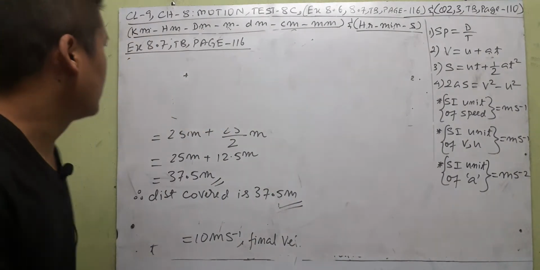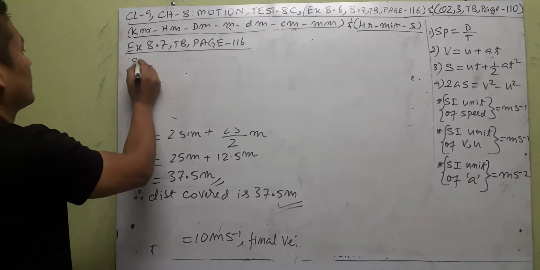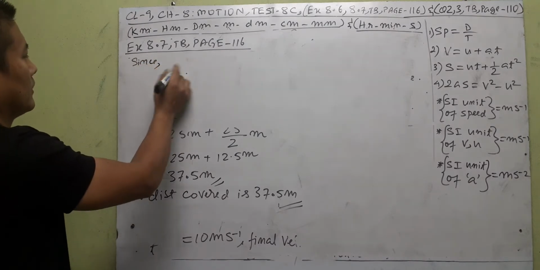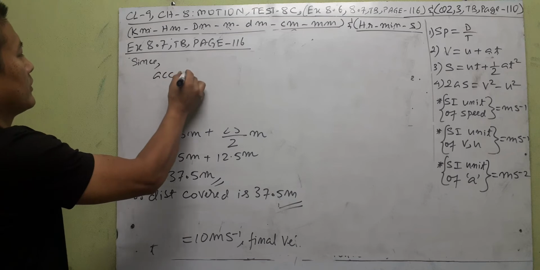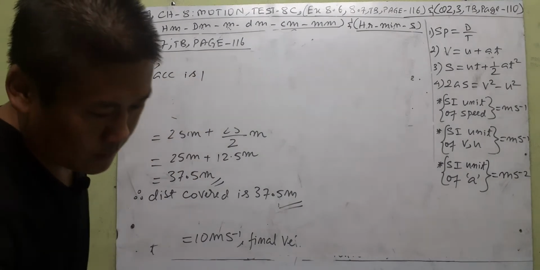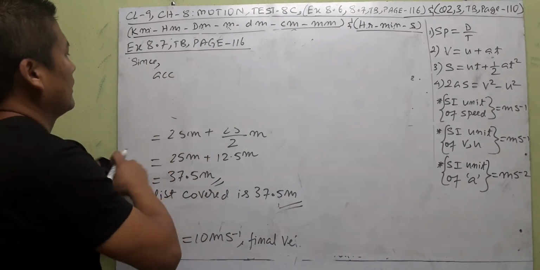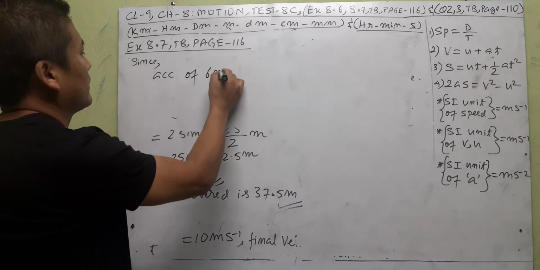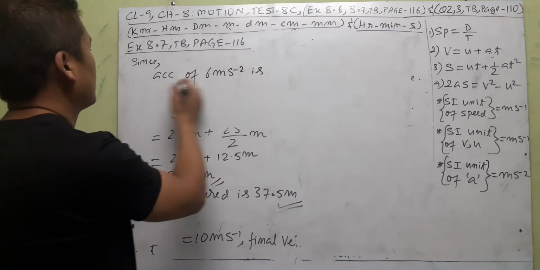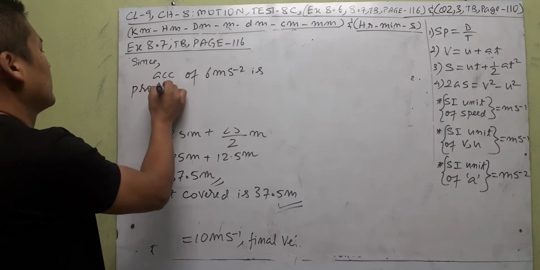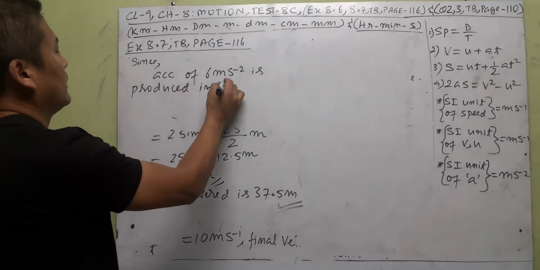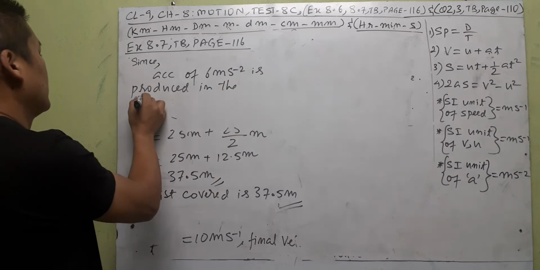So that means what? Since acceleration, according to the question, 6 meters per second square is produced in the direction.